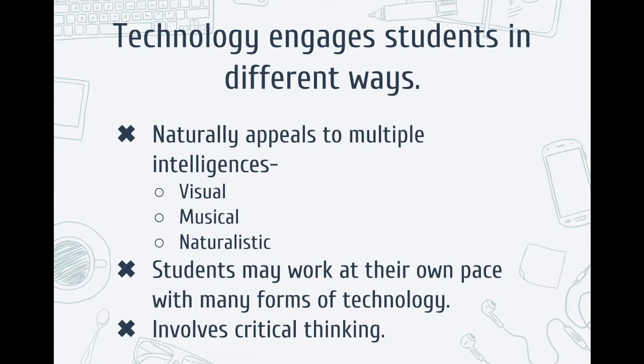So, technology does engage students in different ways. In my opinion, technology naturally appeals to multiple intelligences. It has the visual aspect, because things are laid out in a certain way that you cannot always achieve on paper. For musical students or students who learn by hearing, maybe you have videos and songs or just hearing the sounds of a natural conversation through technology, that helps them learn.